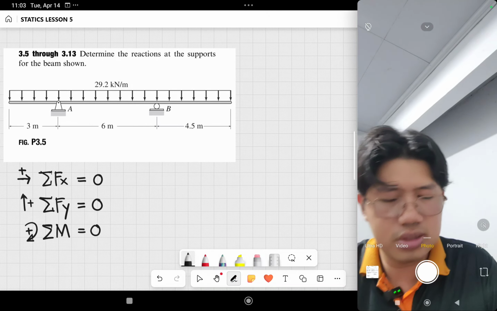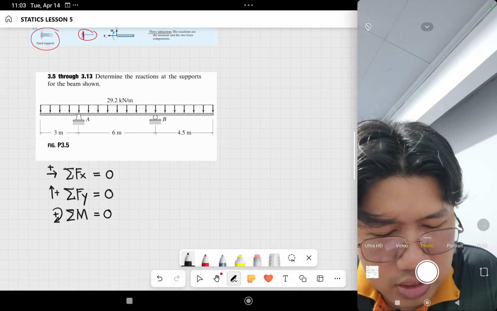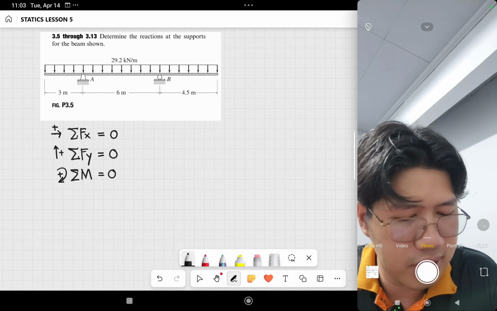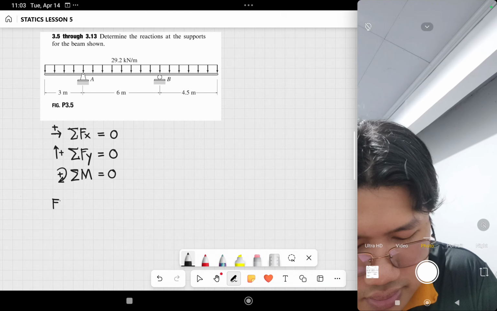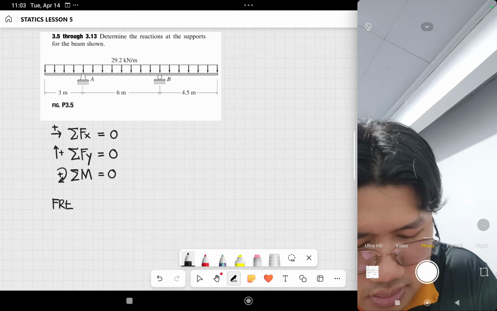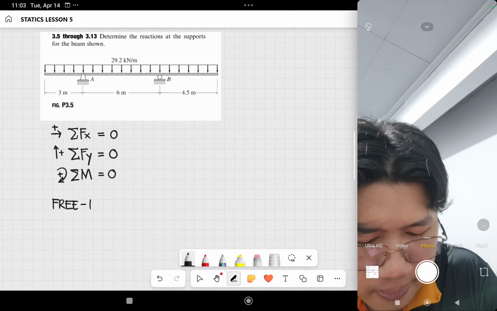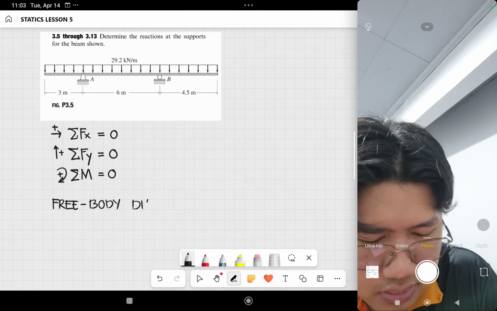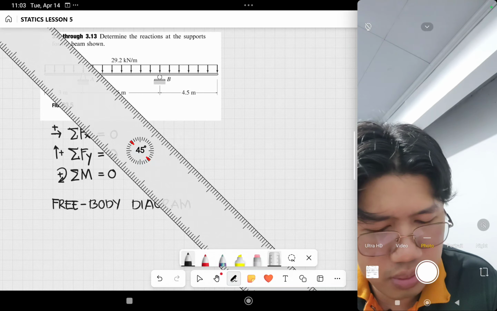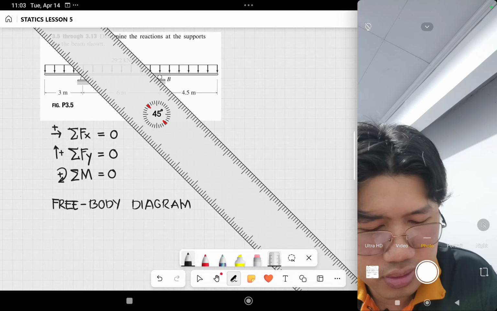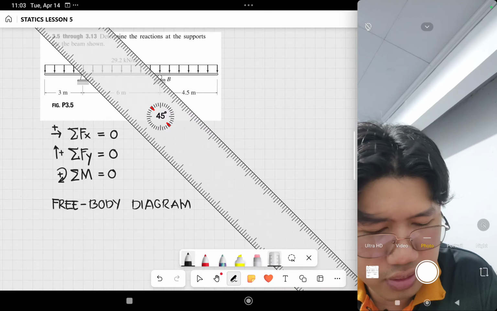Okay, so first, in order to solve this one, let's draw a free body diagram. So, for example, 3.5 ng book na ginamit ko. Paano i-rotate to?